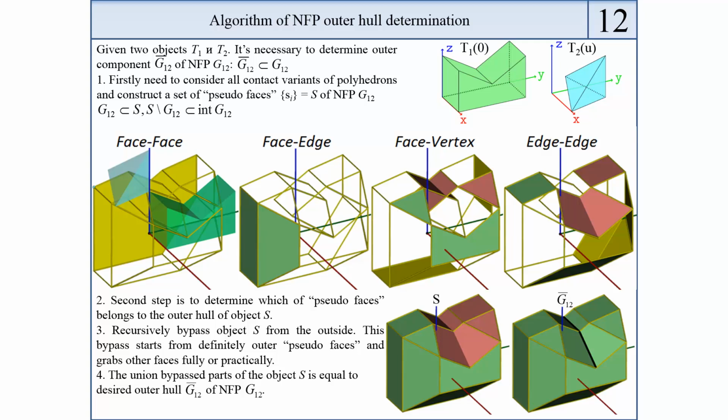After that, we may determine which faces definitely belong to the outer hull of pseudofaces, object S. After that, recursively bypass object S from the outside. This bypass starts from definitely outer pseudofaces and grabs other faces fully or partially. The union of bypassed parts of object S is equal to the desired outer hull of the NFP.